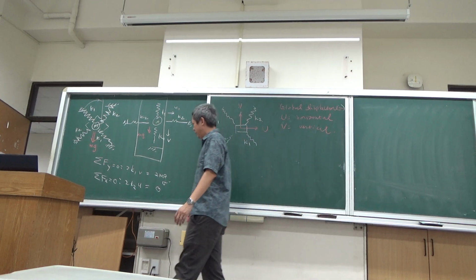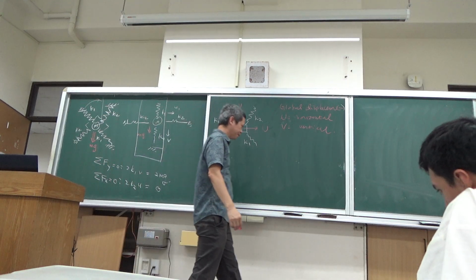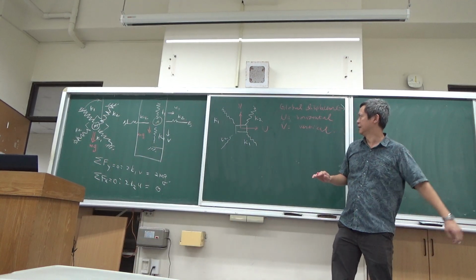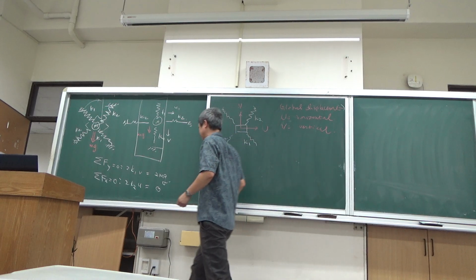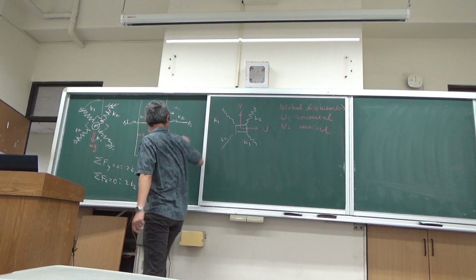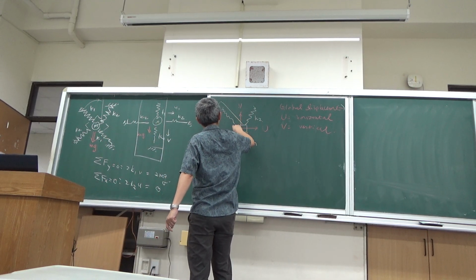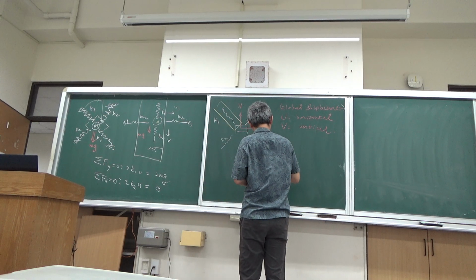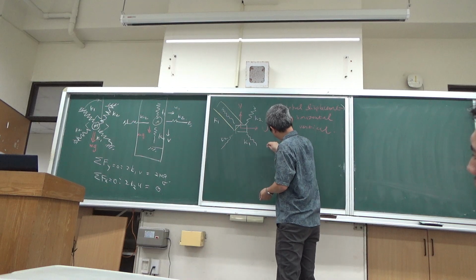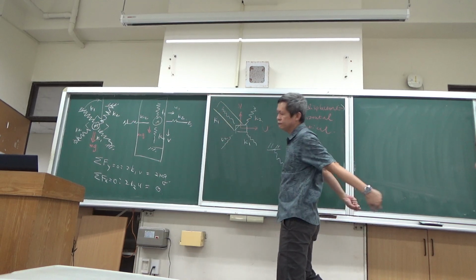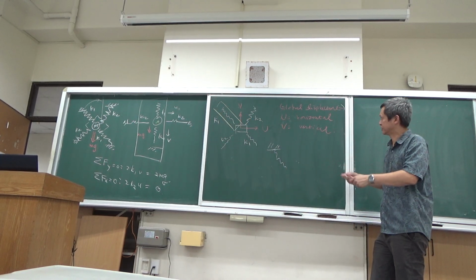Okay? But to a spring, I don't see vertical and horizontal. Let me take this example of the spring on this side. Okay? If you now take an exposed view, the northwest corner is fixed.